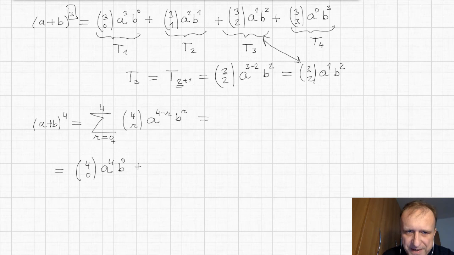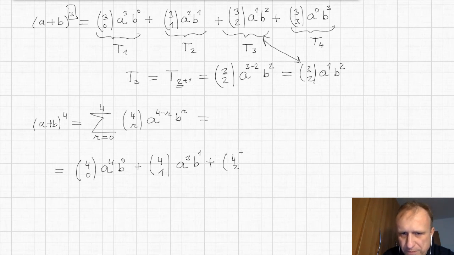So if r is 1, I will use 4 choose 1, instead of r I write 1, times a to the power of 4 minus 1, which is 3, times b to the power of 1. Okay, plus. Now let me take r equal to 2. Okay, so it's 4 choose 2, times a to the power of 4 minus 2, which is 2, times b to the power of 2.